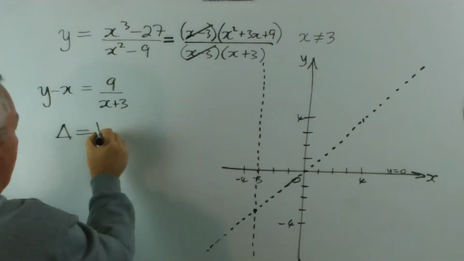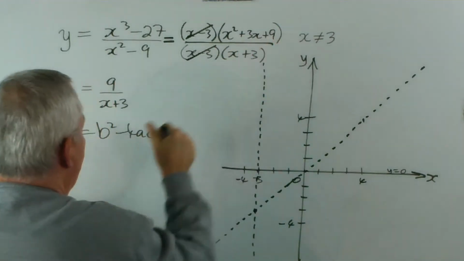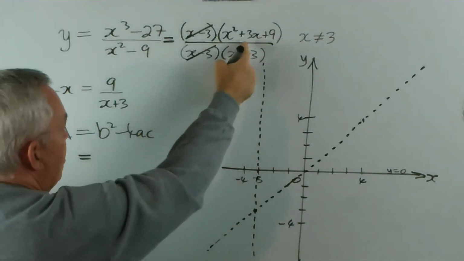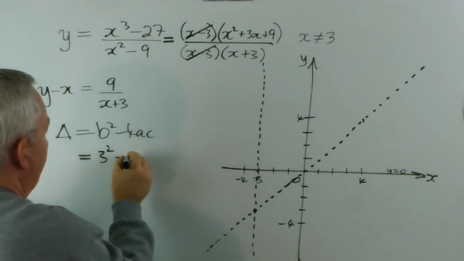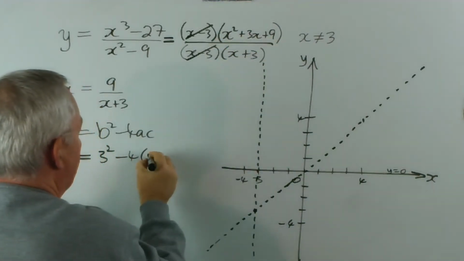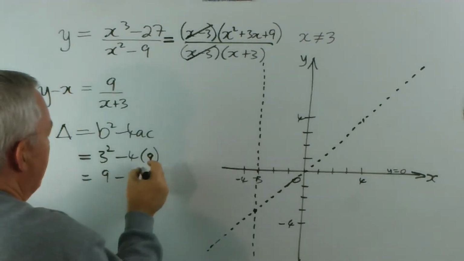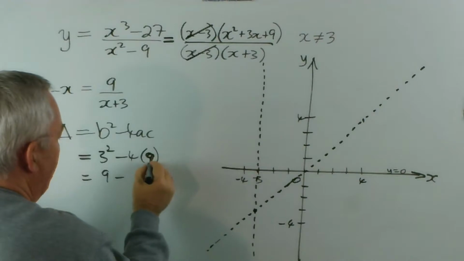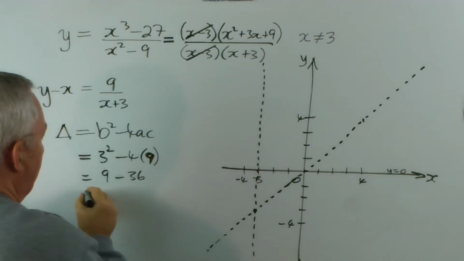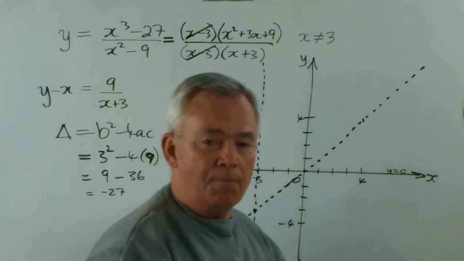So let's look at our discriminant again, because it is a quadratic. b is worth 3. And a times c is going to be 1 times 9, which is 9. That's going to be 9 minus, that's a terrible 9 there, 4 9s are 36. Well, that's negative 27. That's definitely negative.